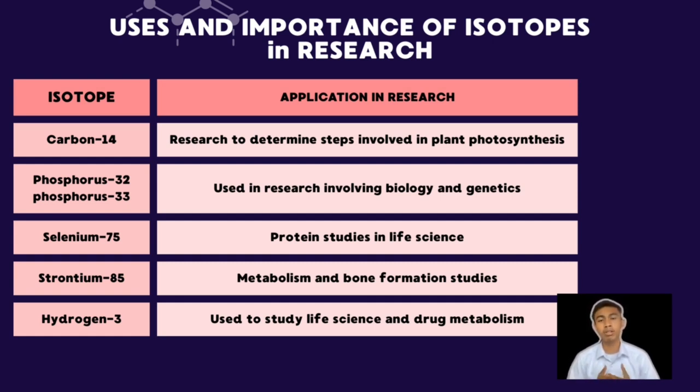And lastly, hydrogen-3. Hydrogen-3, also known as tritium, is used in life science research and drug metabolism studies. It helps scientists track how drugs move inside the body and how they are broken down. This information is very important in developing safe and effective medicine.